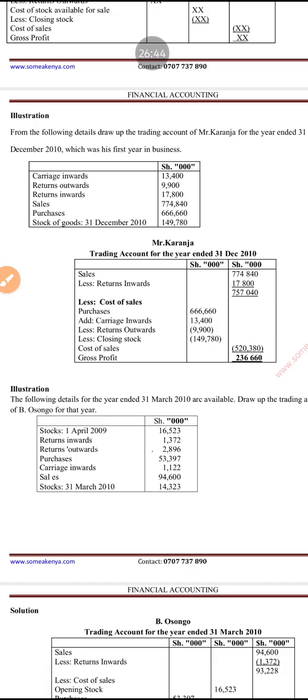So you can confirm that our total cost of sales is 520,380, and our net sales is 757,040, and the balance that we get is the gross profit. If that balance was a negative, then it would be a gross loss.